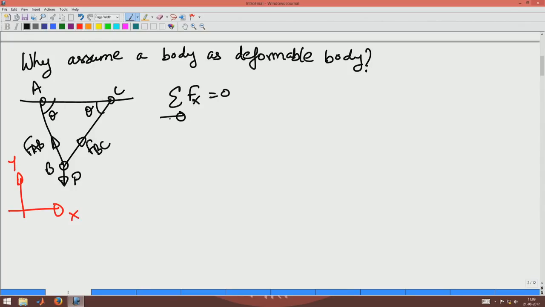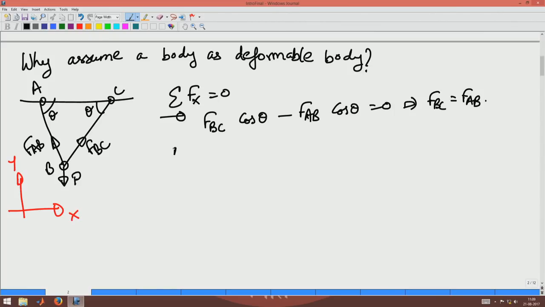Then, with the positive x direction as assumed, sigma Fx equal to 0 gives FBC cos theta minus FAB cos theta equal to 0, from where you get that FBC must be equal to FAB. Okay.